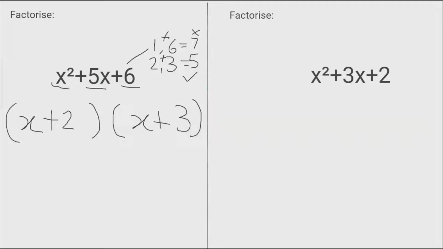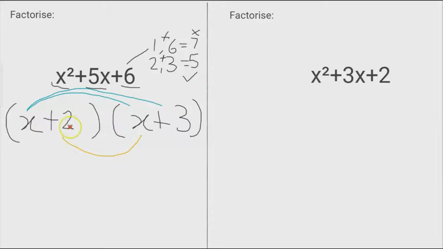And now moving on, we are going to check our answer, and to do this we'll have to just expand it out again. So I'll do this in blue. Let's quickly do this, because I think I've already covered this in a previous video, and it's quite easy.